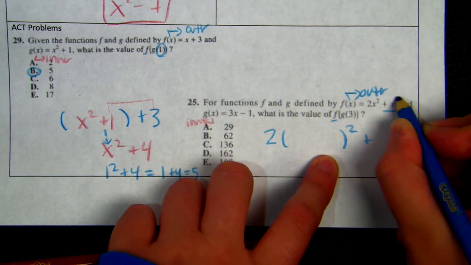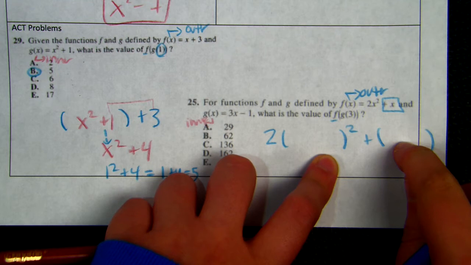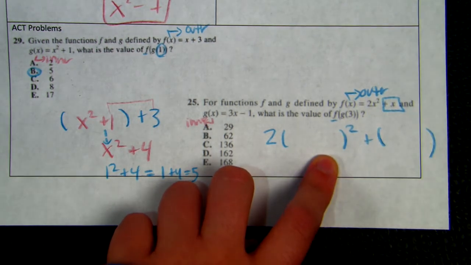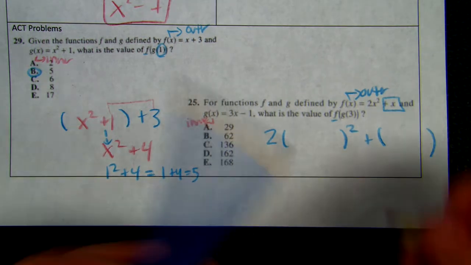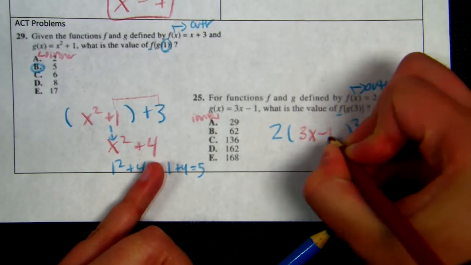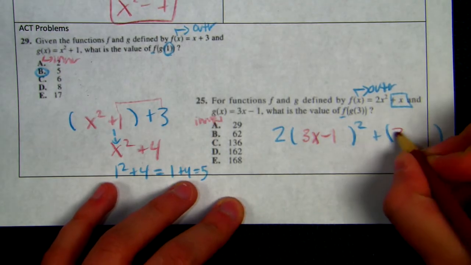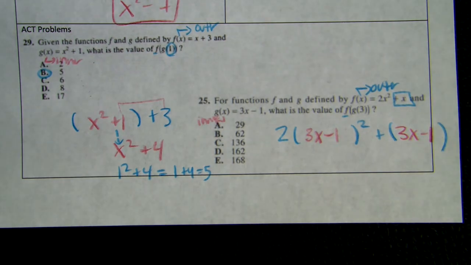But here you see how this is also a plus x. I also have to leave a blank there because I have to fill in g of 3 for x, the 2 times that we see an x. So here we have g of x, I'm going to fill that in over there. So we have 2 times 3x minus 1 squared plus 3x minus 1, because I have to fill that in that set of parentheses as well.